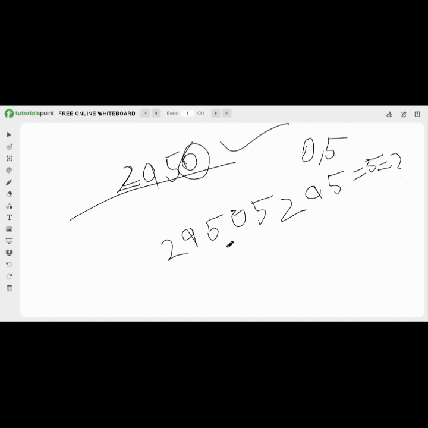It is divisible by 5 because the last digit, the ones place, is the number 5. So 5 or 0 can come at the ones place, and then it's divisible by 5.